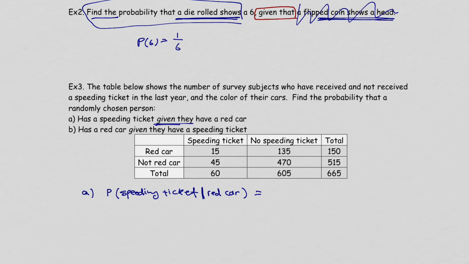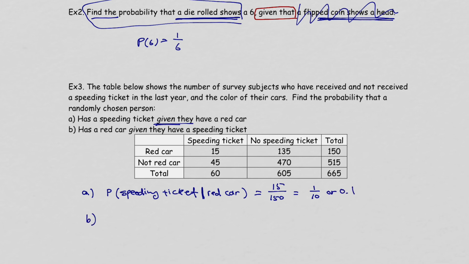So it had to be red car. You're not looking at the total number of all the cars. Your conditional is the red car, so your total has to be only the red car total. So it will be 150, and speeding tickets will be 15, only from the red cars again, right? So you can write it as 15 out of 150, which gives you 1 over 10 or 0.1, right?